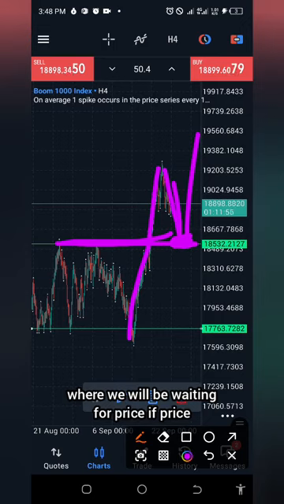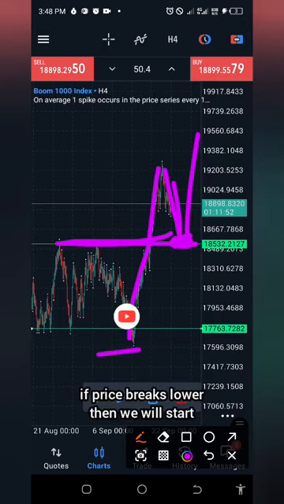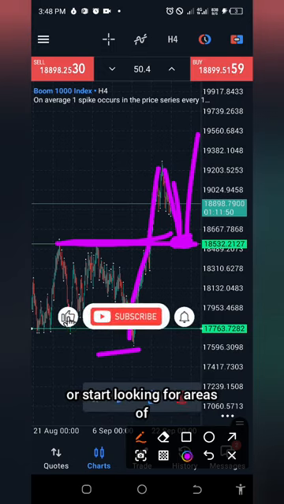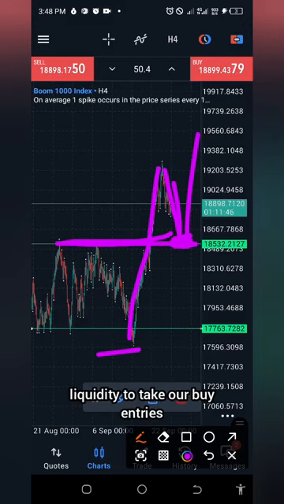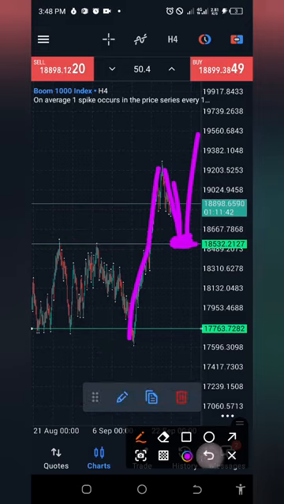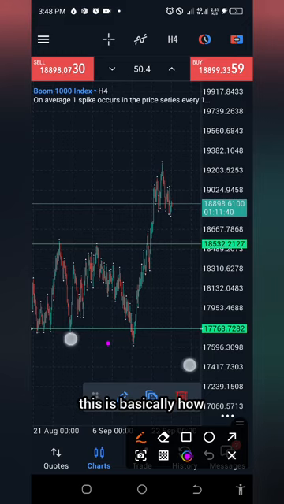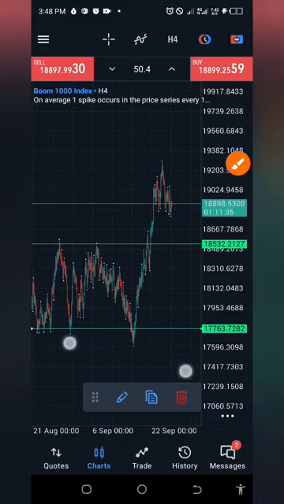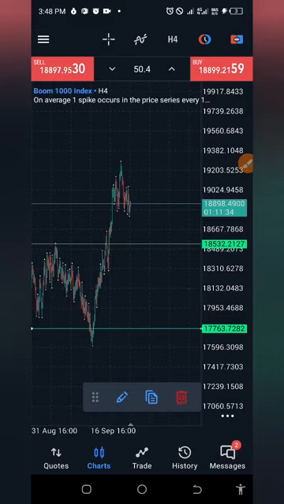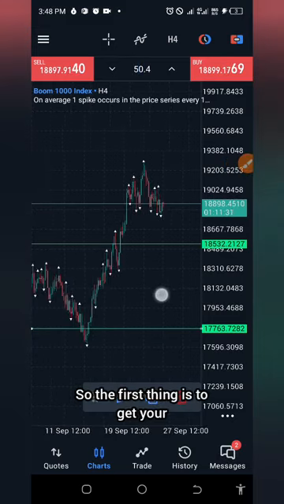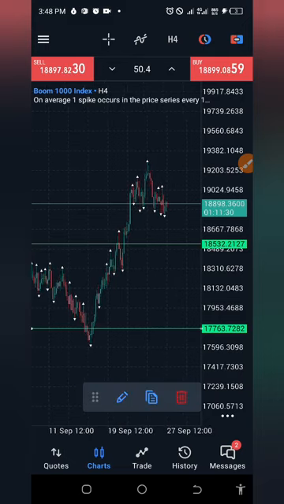If price breaks lower, then we'll start looking for order blocks or start looking for areas of liquidity to take our buy entries. So this is basically how to analyze the markets. So the first thing is to get your direction.